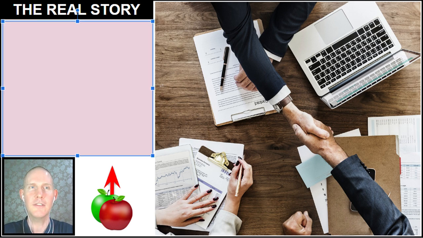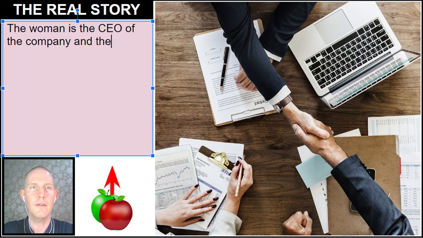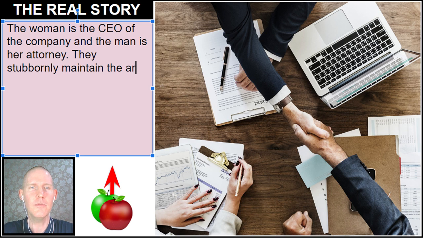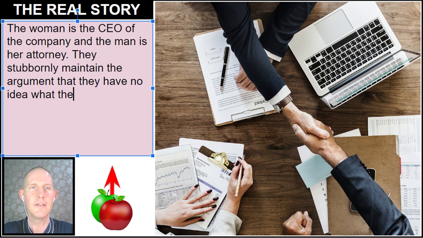Okay, so let's see who the people are. The woman is the CEO of the company, and the man is her attorney. They stubbornly maintain the argument that they have no idea what the government is talking about.